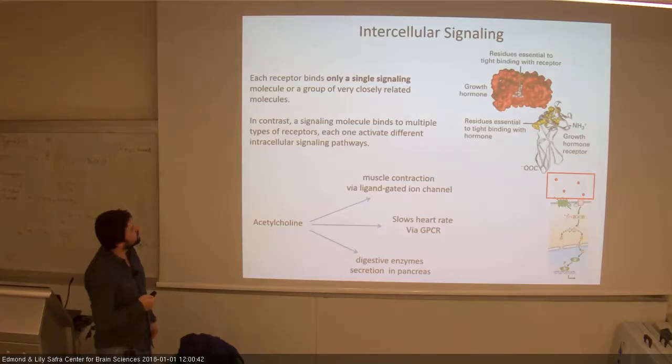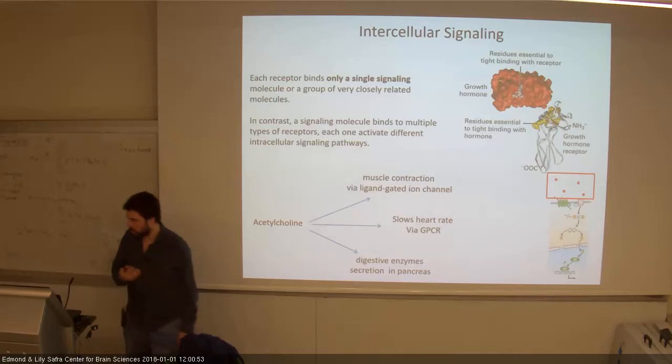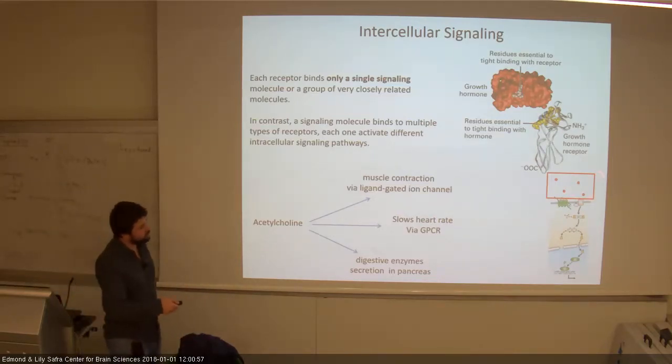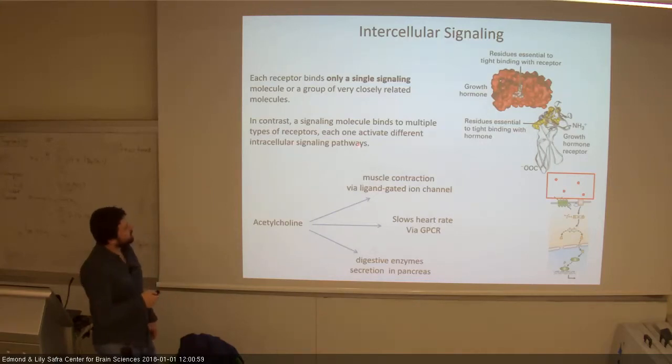So in intercellular signaling in general, there is a very high specificity between the receptor and the molecule it has to receive, the ligand itself. We are still at the level of the ligand. But in contrast, there are many different types of receptors that can be sensitive to the same molecule.